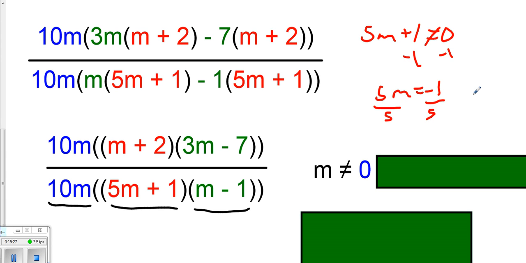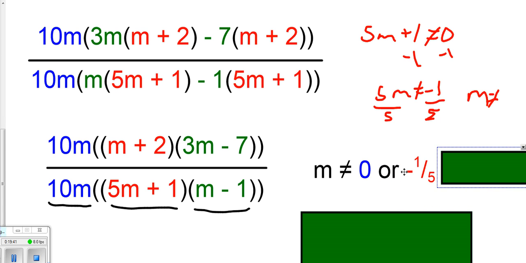Divide by 5. And we'd find out that m cannot equal, you can leave it as a fraction if you want. I'm going to use this one because this one actually looks better. M cannot equal negative 1/5. So if you're having trouble figuring out exactly what it is, actually set it equal to 0 and solve for it.